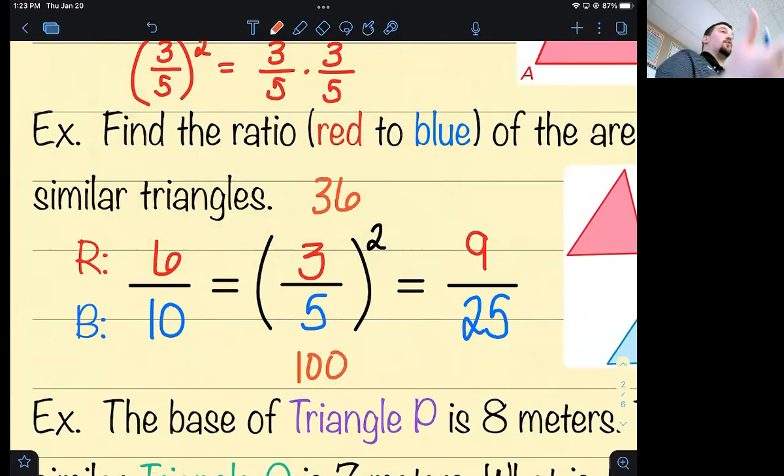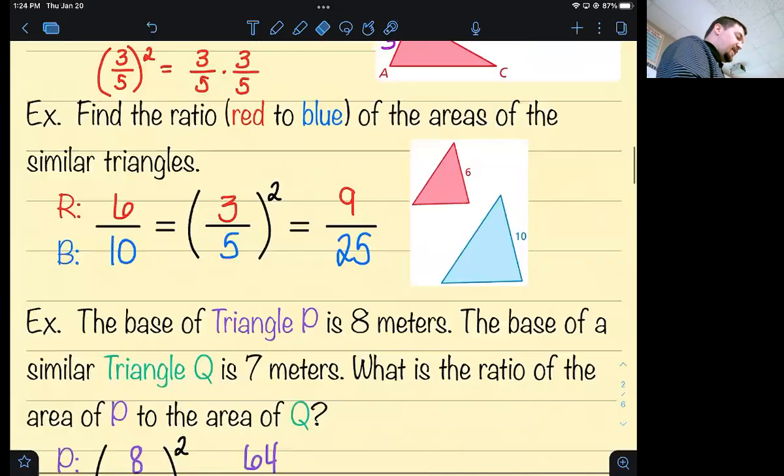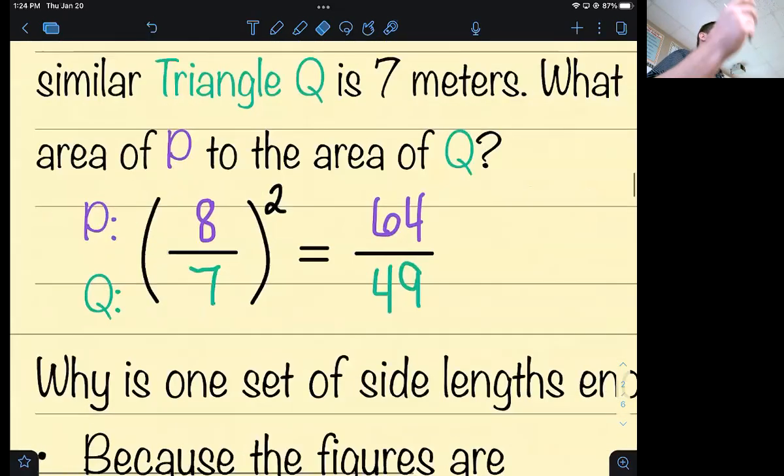But I would have had to reduce that. 36/100, if you reduce by 4, gives you 9/25. So you get the same answer, but it's a lot easier to reduce 6/10 than it is to reduce 36/100. So reduce early, then you won't have to do it at the end. It's not like it ruins your answer. You can still get there. It just causes you to reduce more. Here we didn't have any reducing to do, so we're ready to go ahead and square.